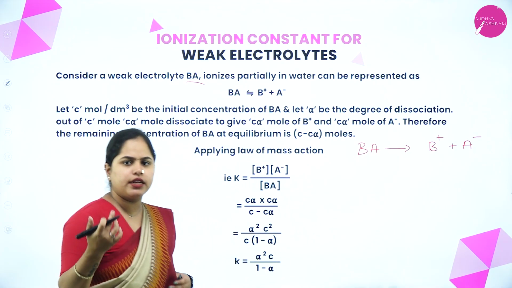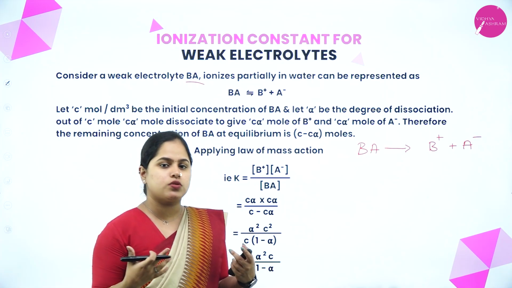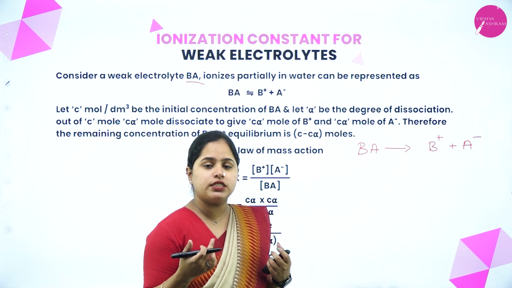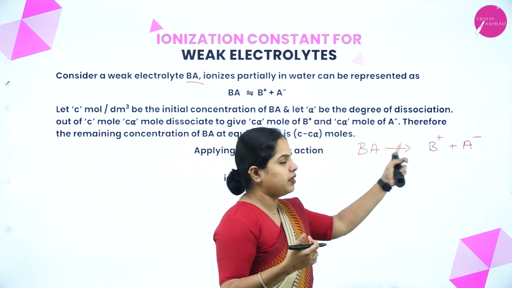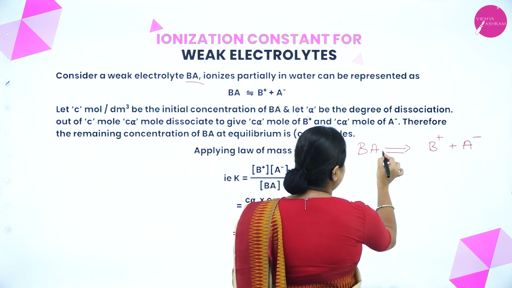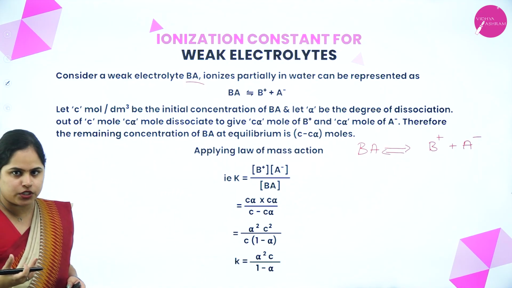It will not completely dissociate, but it will partially dissociate. Hence, partial dissociation means that at the same time when it is getting dissociated, B plus and A minus will be forming BA also. So there exists an ionic equilibrium between them.